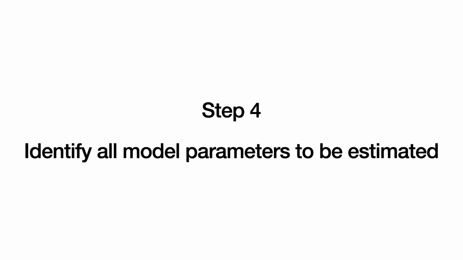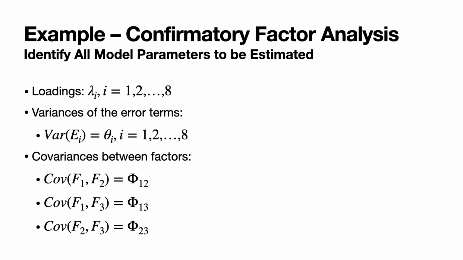Step 4 is to identify all model parameters that will need to be estimated. First, we have a number of what are called loadings, the lambda sub i's. These are the coefficients multiplied against the latent constructs in those regression style equations.